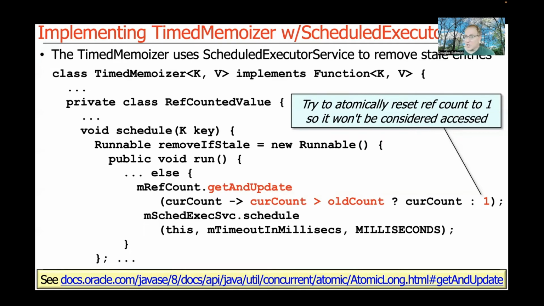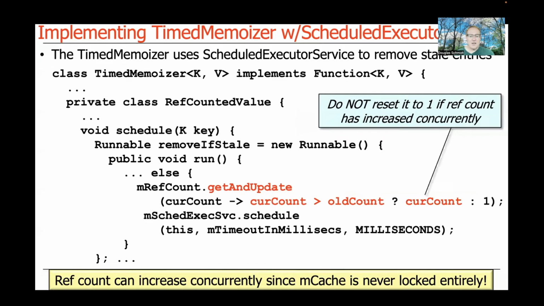And if nothing has changed in that intervening time, we just reset the count back to 1, which means that there needs to be some other changes later in order for this value not to be considered stale. The whole reason for doing this is we want to make sure that if something's accessed in this window of time, we count it as being accessed, and we don't ignore the fact it's accessed. That way it won't get purged later because the count hadn't changed.